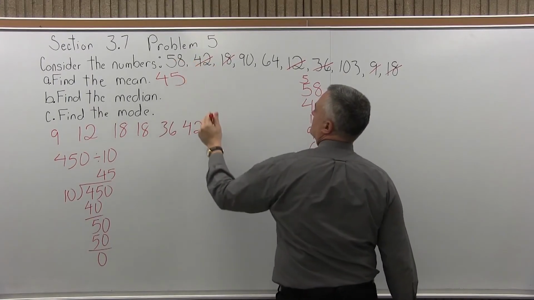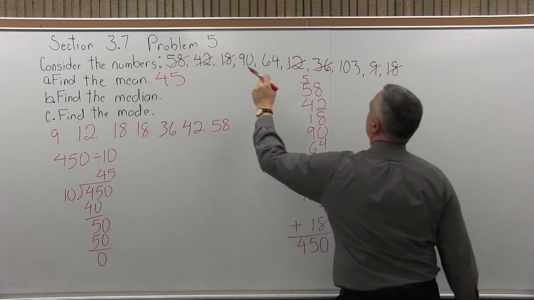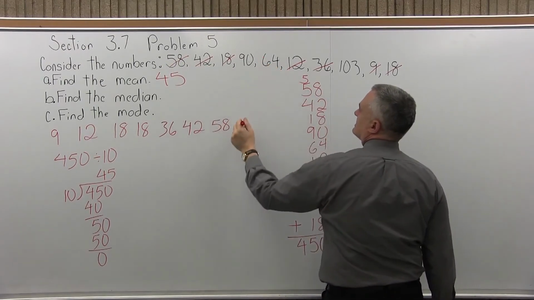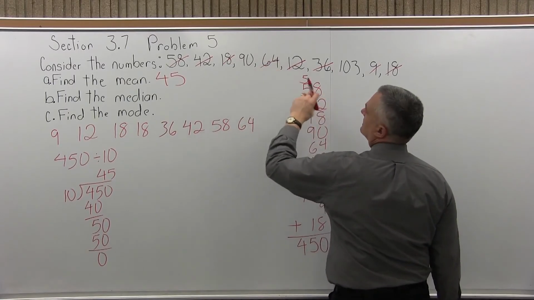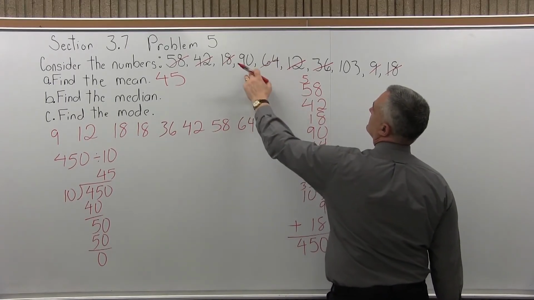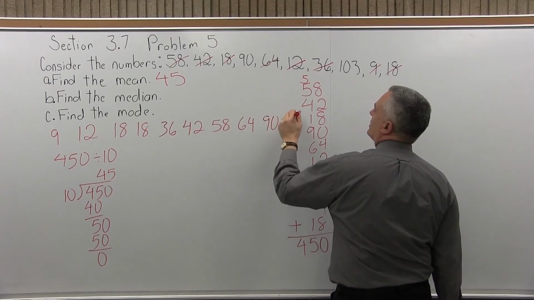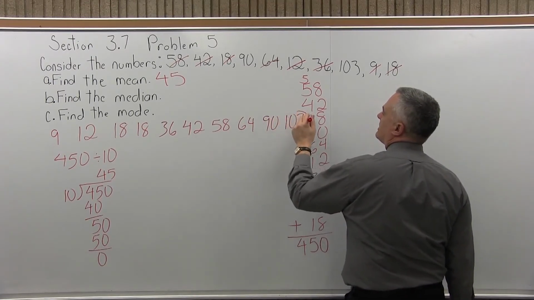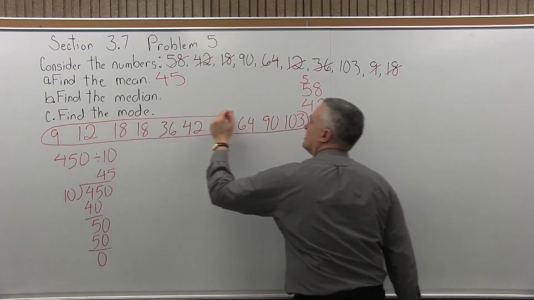In the 50s, 58. In the 60s, 64. Nothing in the 70s or in the 80s. The next biggest one is 90. And then finally 103. And let me circle that because it's getting close to some of my other computation.